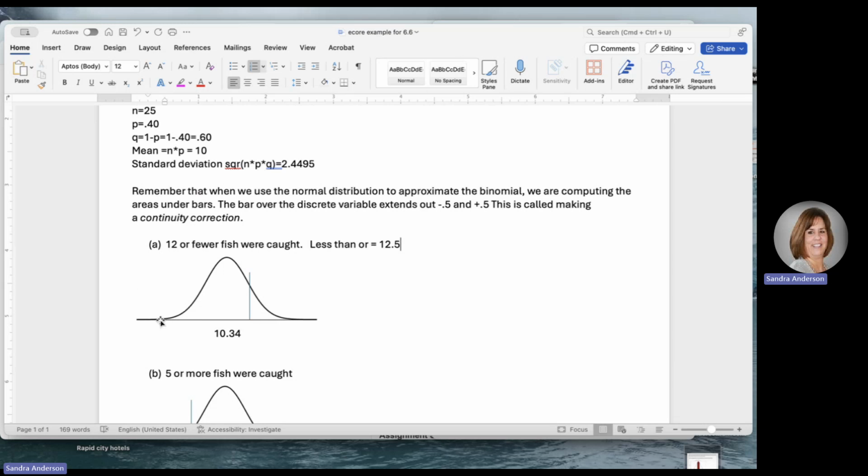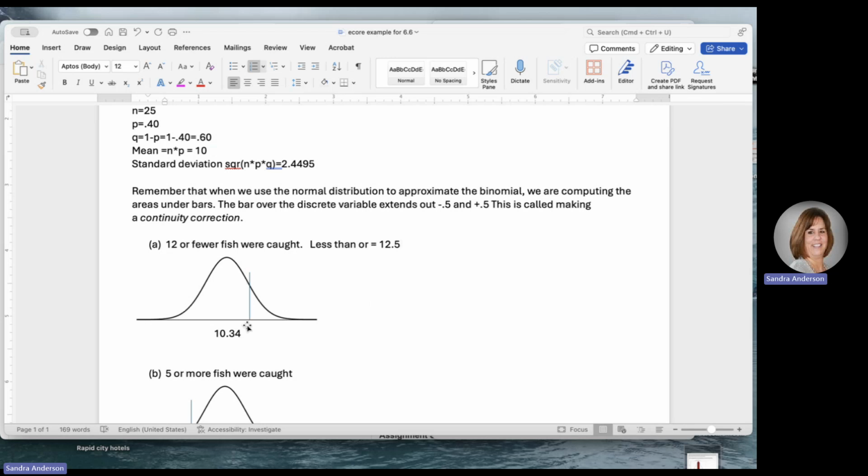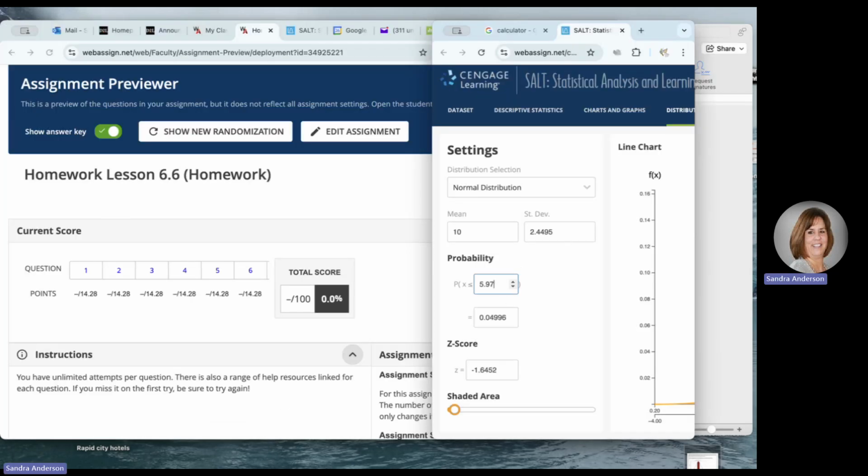That standard deviation again was 2.4495. All right. Since we have the bar there and this is 12, we have to use 12.5 to encompass everything below 12 or fewer. So that's less than or equal to 12.5.